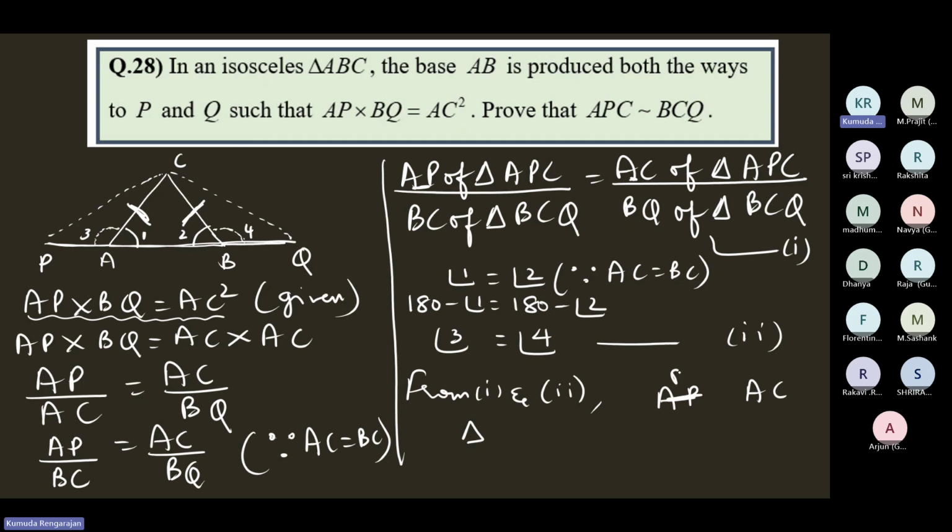So I'm writing AP as PA, PAAC, triangle PAC. In the other triangle, we've written about BC and BQ. So B is common. So I'm writing this as CB, BQ. The triangle is CBQ. So from 1 and 2, triangle PAC is similar to triangle CBQ.